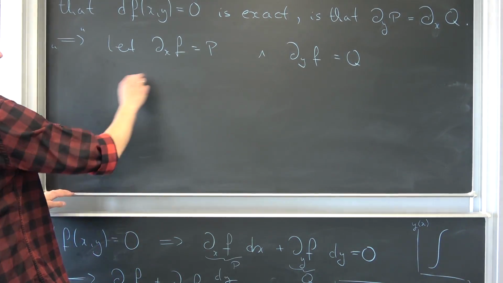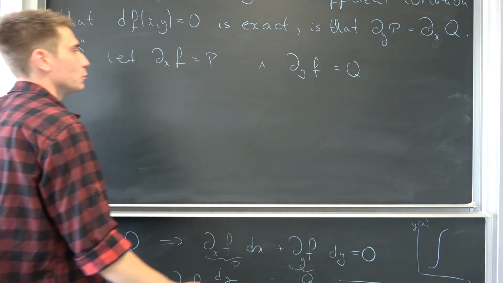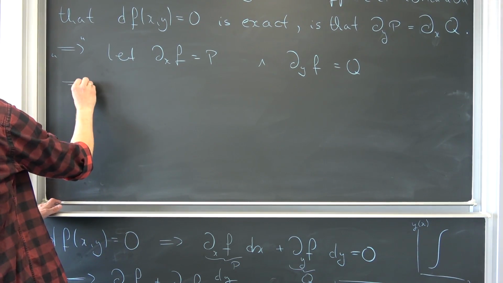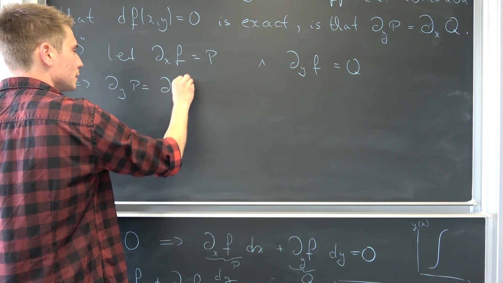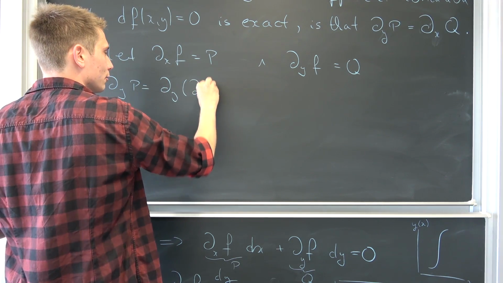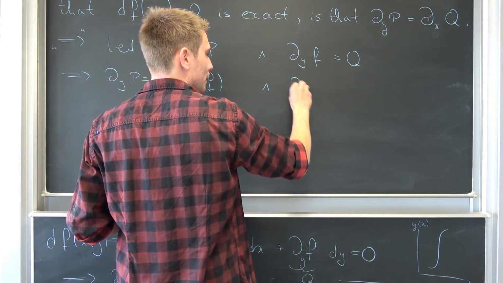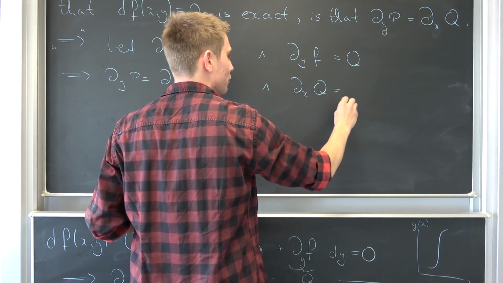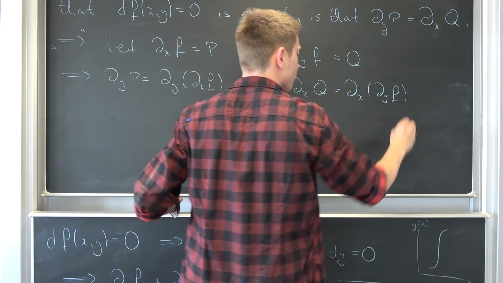And also p and q are multivariable functions of x and y. Meaning, del y p is the same as del y of del x of f, and we also have that del x q is nothing but del x of del y of f.